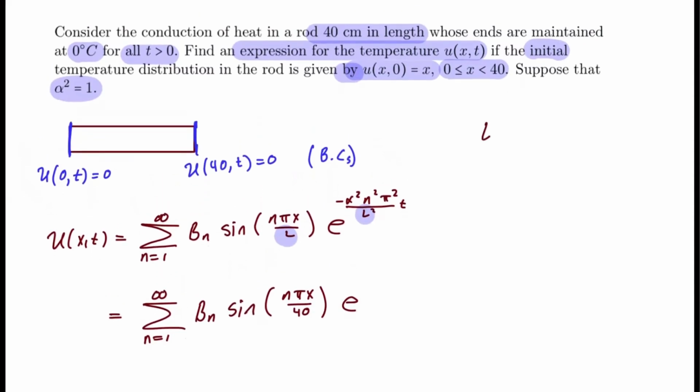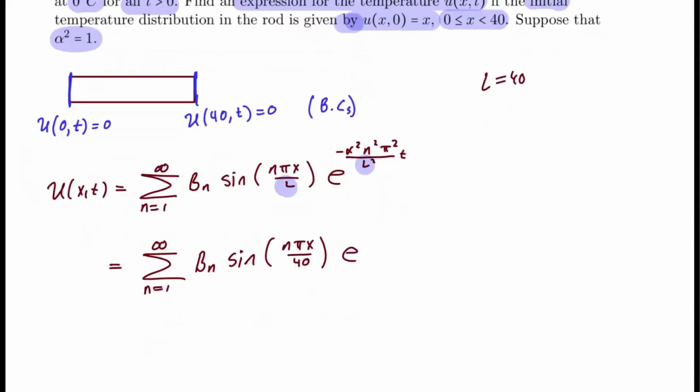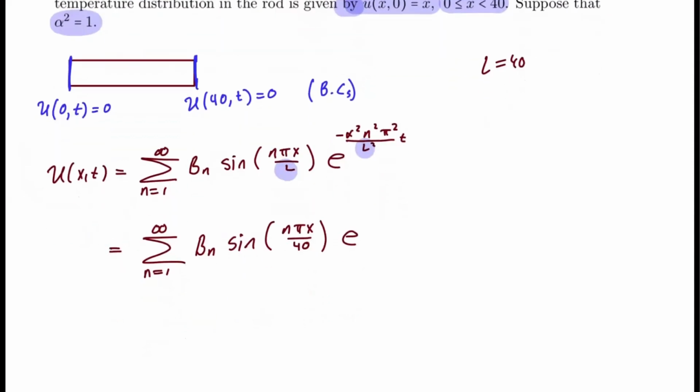So substituting, this gives us e to the power of negative n squared pi squared over 40 squared, that's 1600, times t. All right, so this satisfies the boundary conditions held at 0, 0.